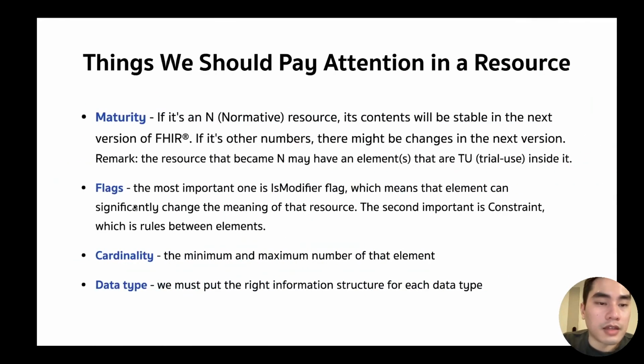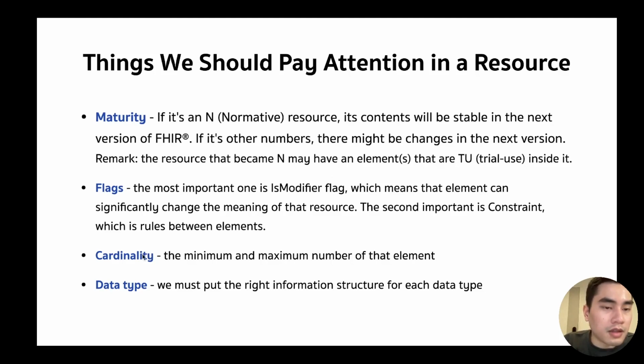Okay, and the next one is flags. The most important one is modifier because it can change the meaning of that resource. The second most important is constraint, which is a rule between elements that sometimes we have to be concerned about.